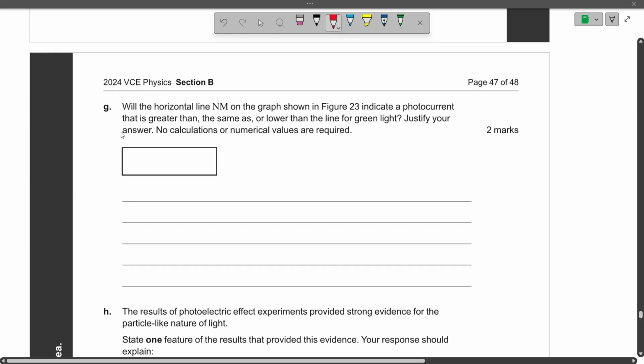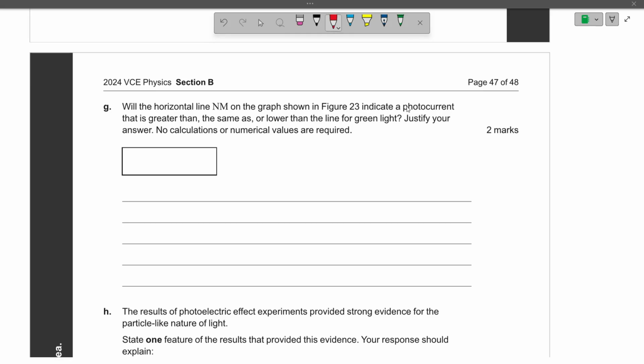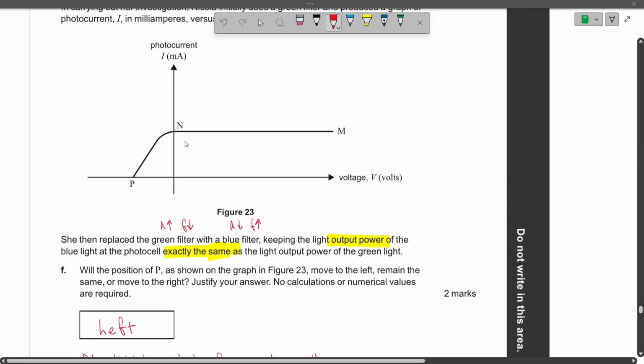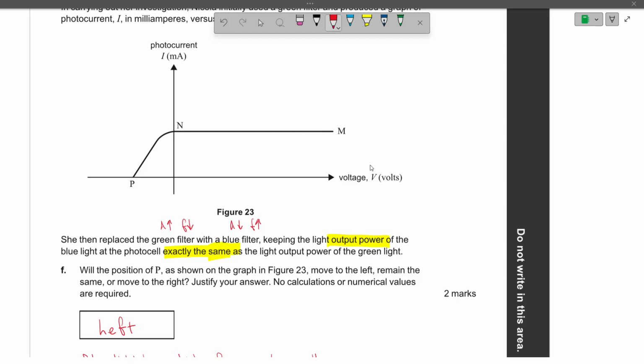G. Will the horizontal line NM on the graph shown in figure 23 indicate a photocurrent that is greater than, the same as, or lower than the line for green light? Justify your answer. No calculations are required. So will this line shift higher or lower or stay the same if we go from green light to blue light?